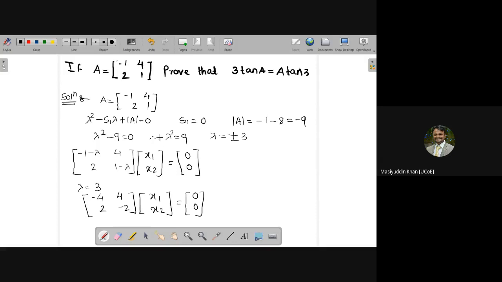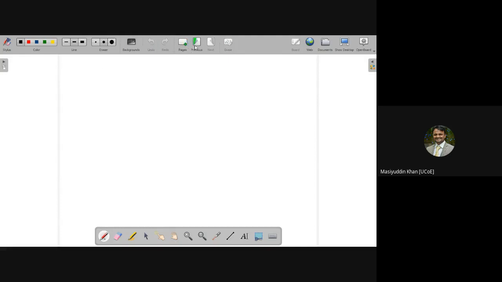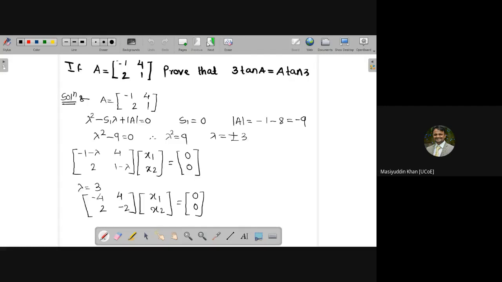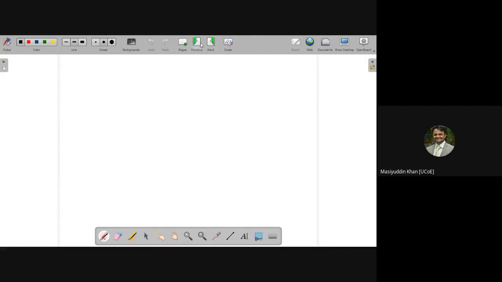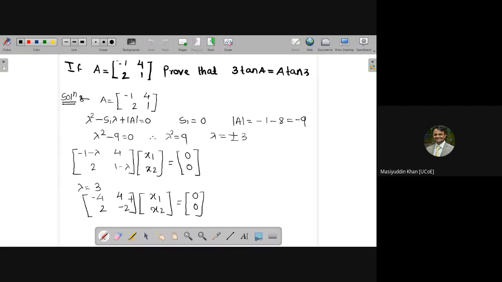So we have to move ahead and calculate the eigenvectors of this part. How to tackle the eigenvectors? Okay, so I'm just taking this part.